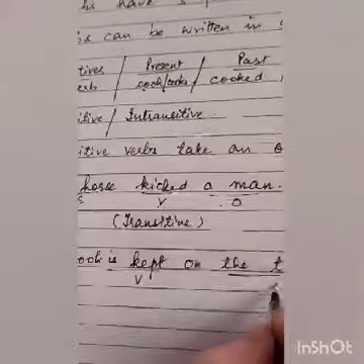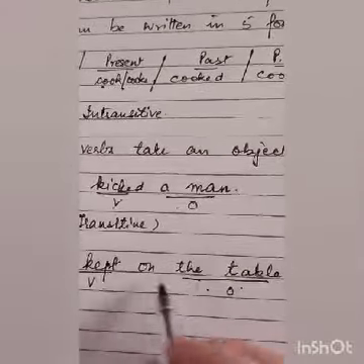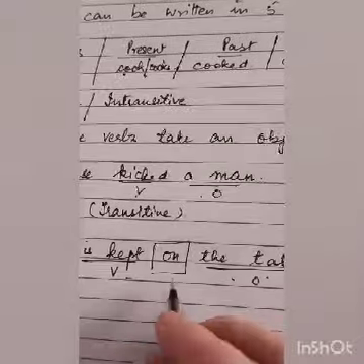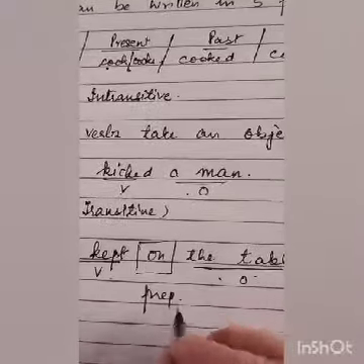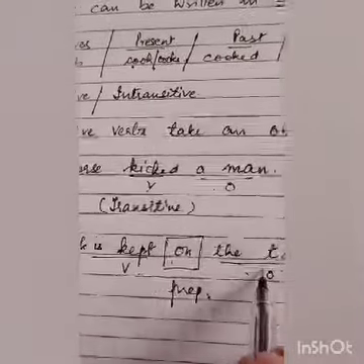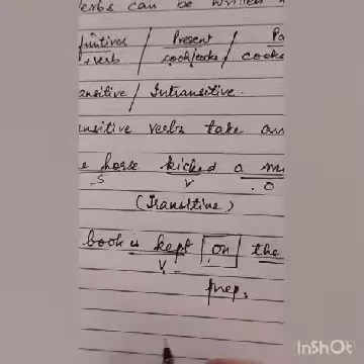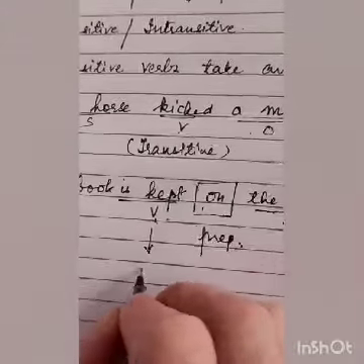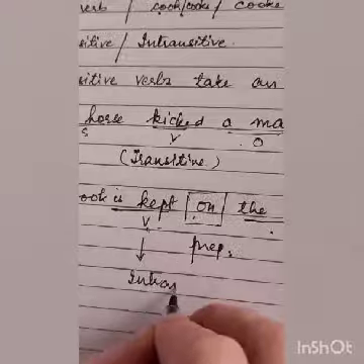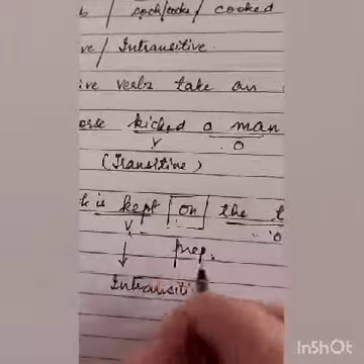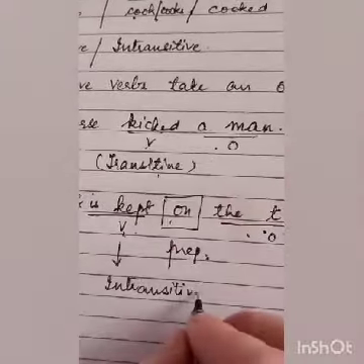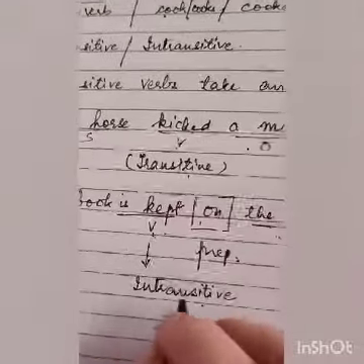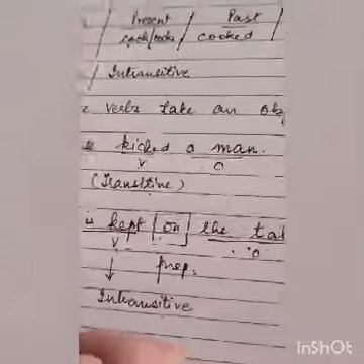But in between verb and object, we have a preposition. Hence, you don't have a direct object to this. So, this verb is called intransitive verb. It is not transitive, it is intransitive because it does not take a direct object.